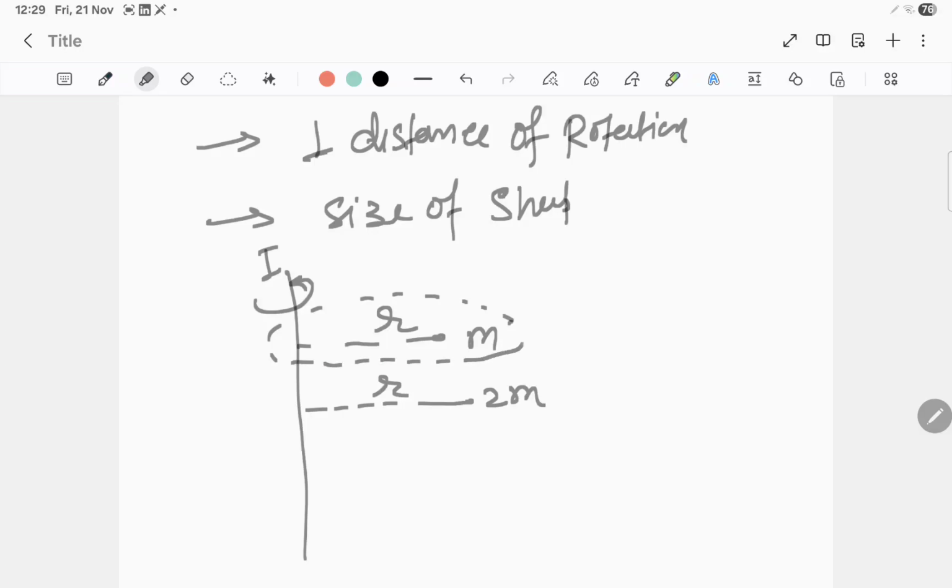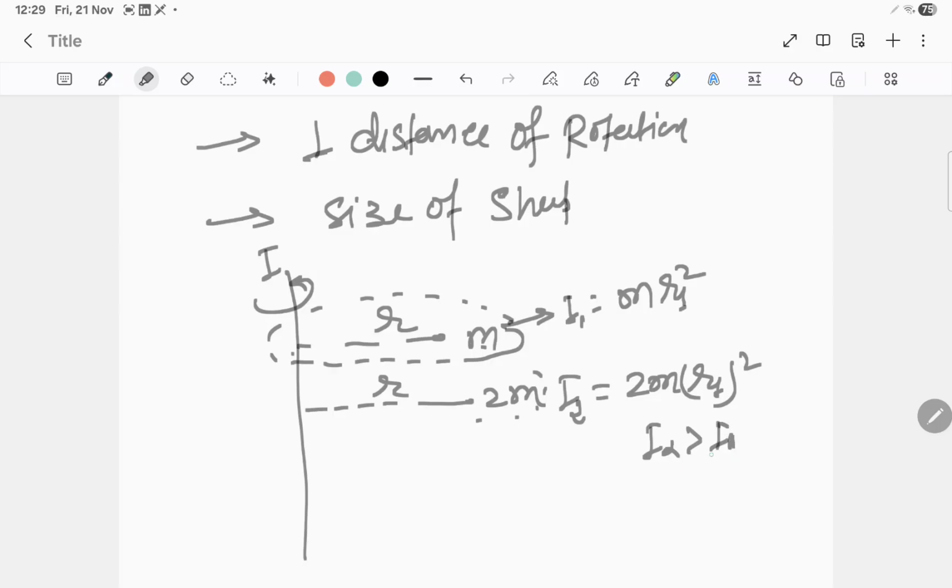If you want to define the moment of inertia of the first mass about this axis, you write I equals m r perpendicular squared. And for the second mass, it will be 2m into r perpendicular squared. Suppose this is I1 and this is I2. In this case we can say I2 is greater than I1. So it is clear that moment of inertia depends on the mass.